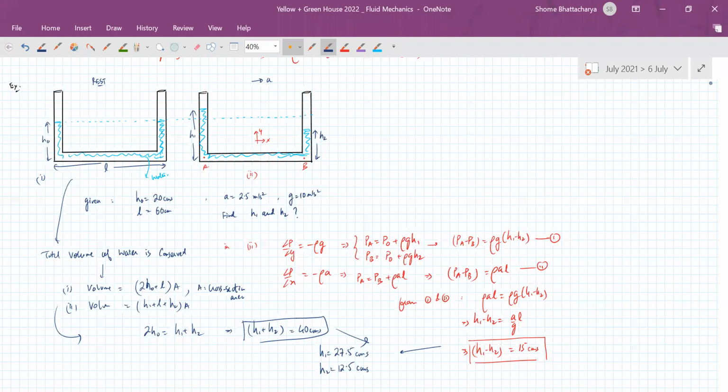This is a typical example of a numerical problem with application of horizontal pressure gradient because of a horizontal pseudo force, or horizontally accelerated frame. So very important type of question. Please make sure that you understand the solution properly before we move on.